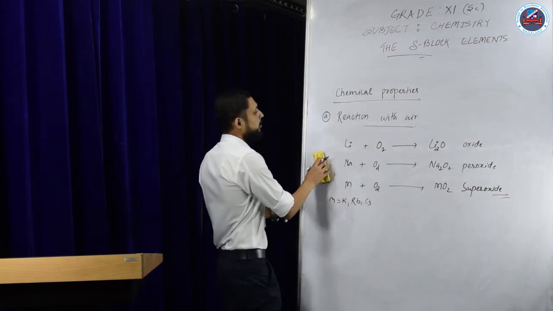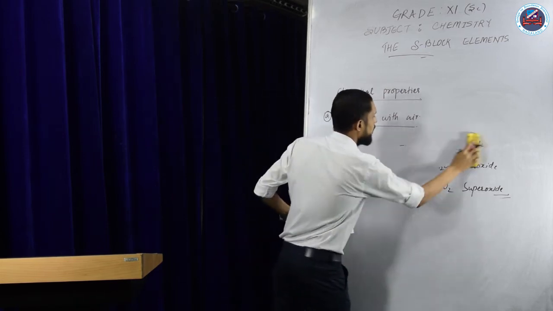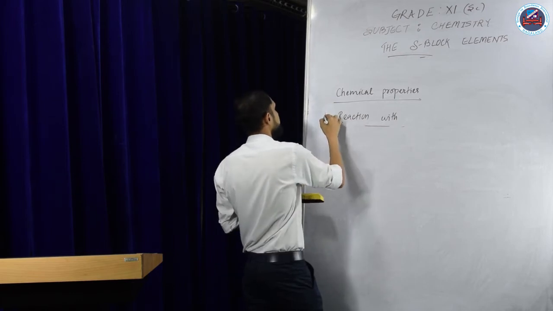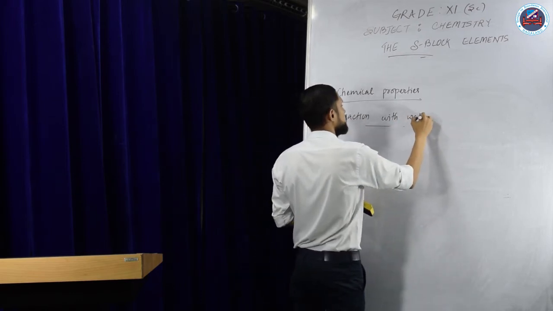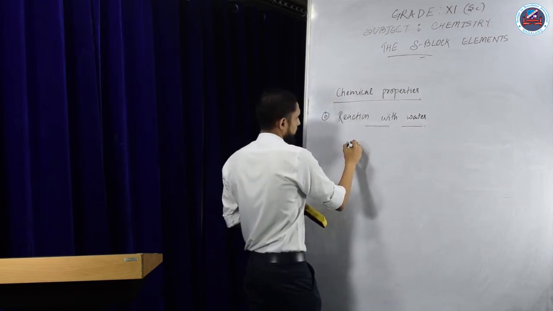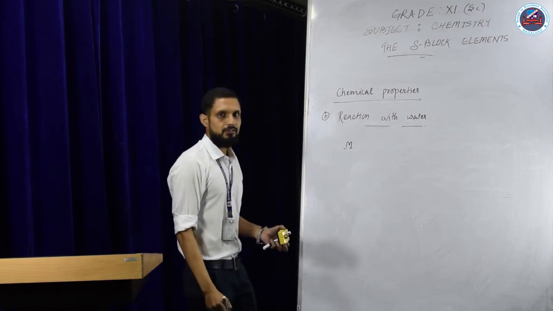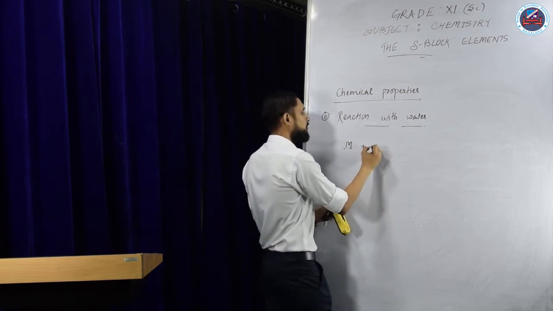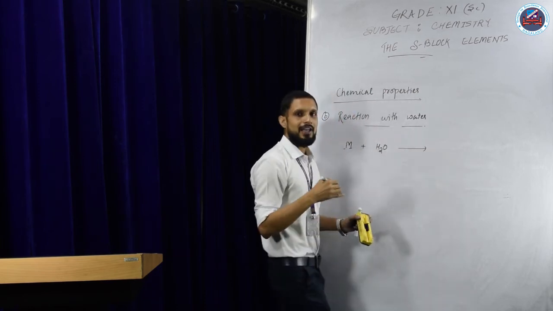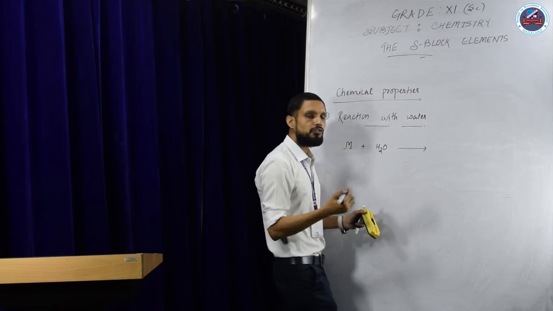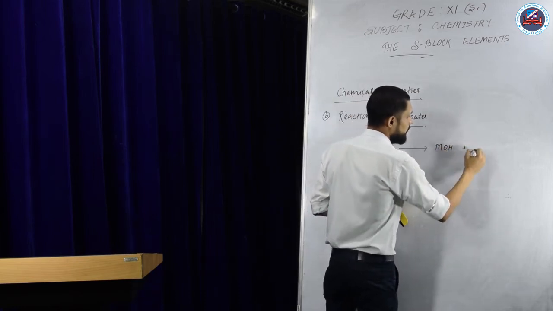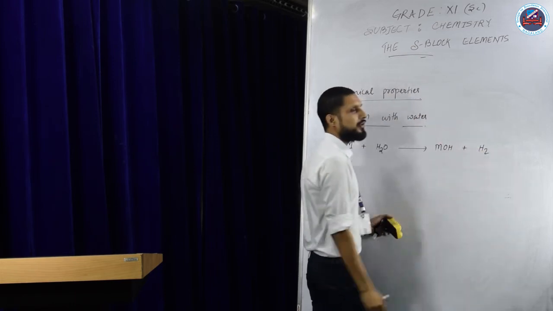Next, let us see the reaction of alkali metals with water. If M is an alkali metal, and it reacts with water, it forms an alkaline solution, that is the hydroxide MOH, plus it will form hydrogen gas, that is H2.